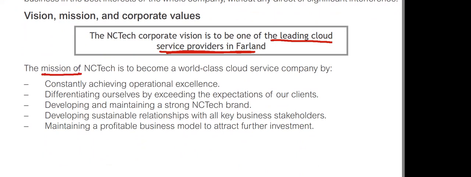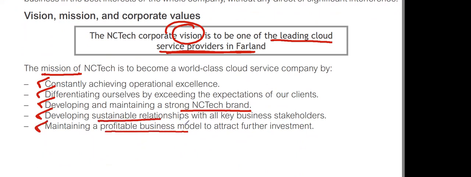And the mission is to constantly achieve operational excellence, differentiate, develop and maintain the brand, develop sustainable relationships, maintaining a profitable business model. So you have to differentiate, you have to achieve operational excellence, brand, sustainable relationships, profitability.